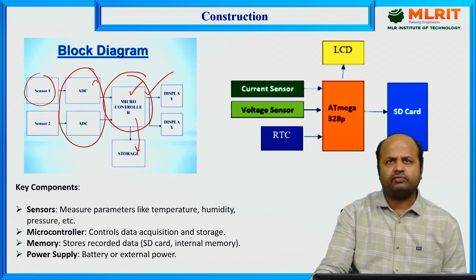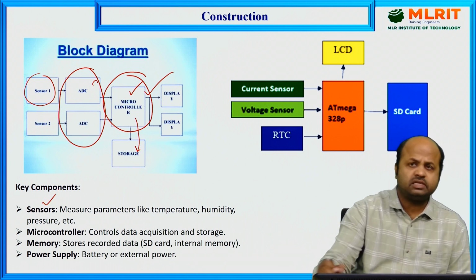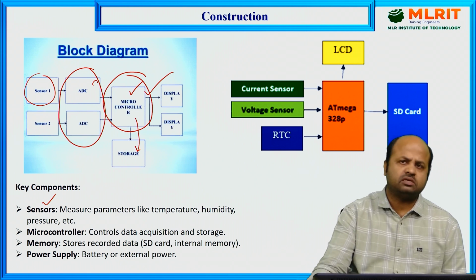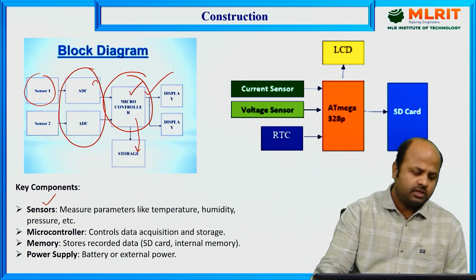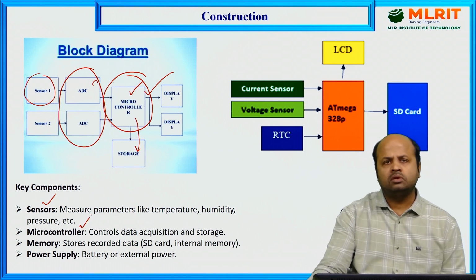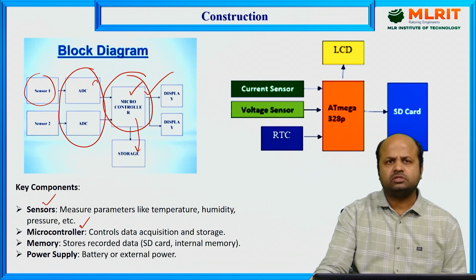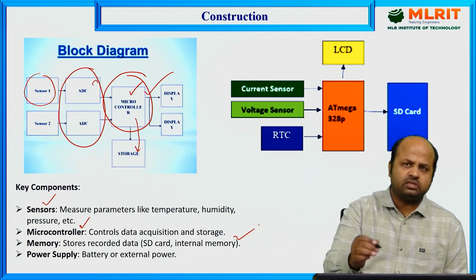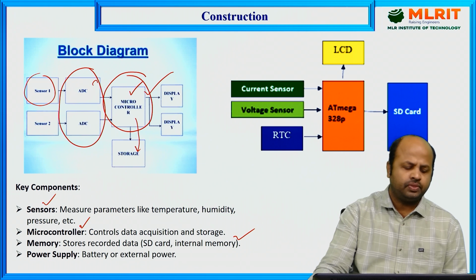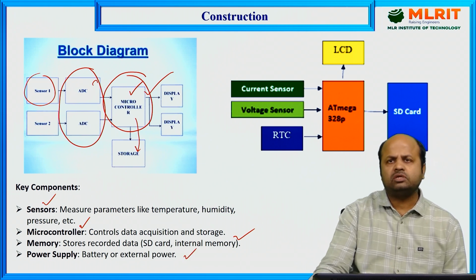Sensors, which can measure various parameters like temperature, humidity, pressure, etc. Then we have microcontrollers which serve as a data acquisition system, which will take the data from the ADC, process it, and display and store it in the memory card. This is the memory card where the data will be stored over a period of time. And finally the power supply, as some power is also needed to operate the microcontroller and ADC.